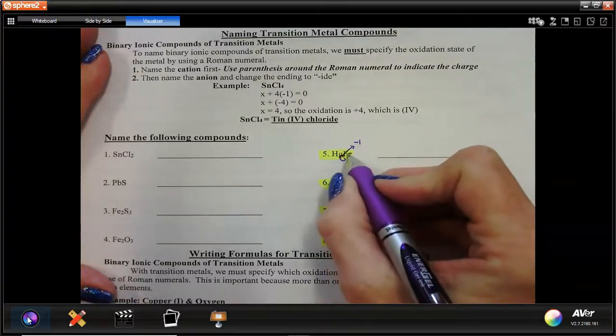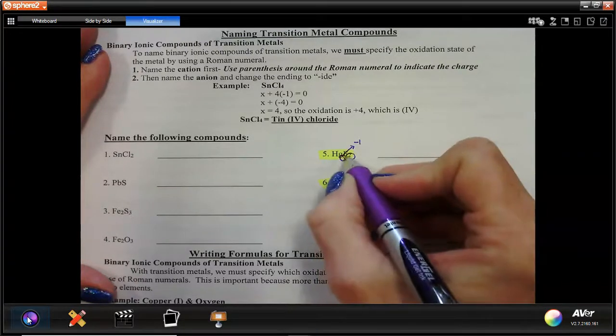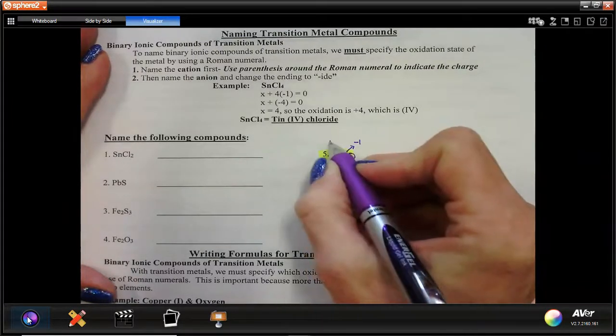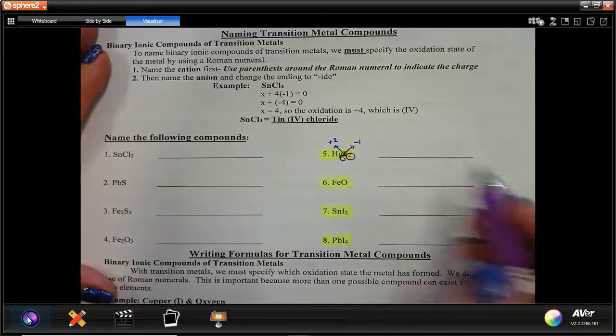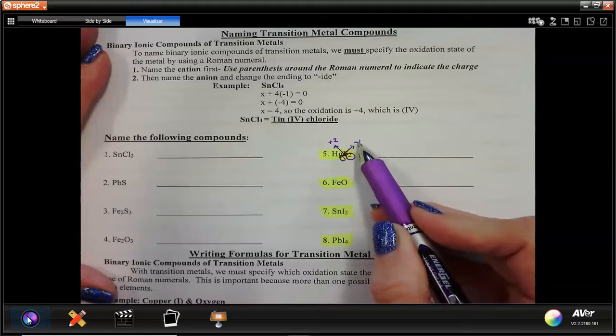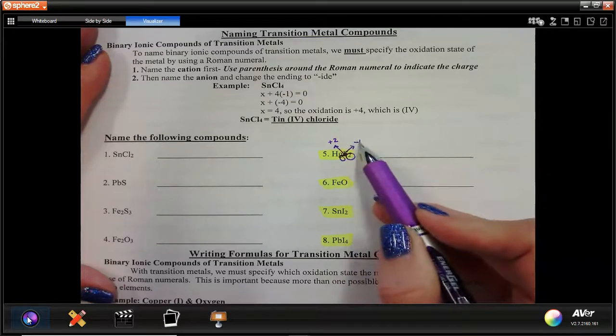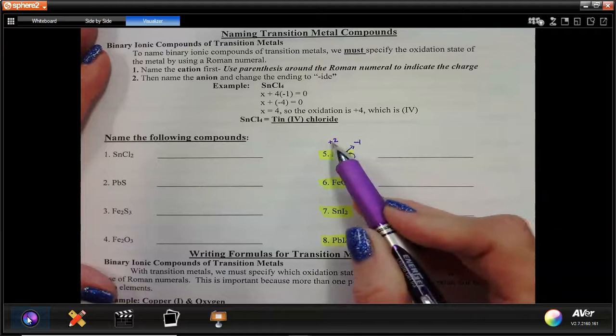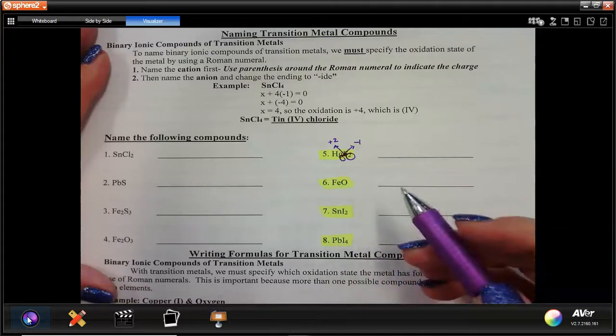You take the 2 that's next to fluorine and put it above mercury. Then you check the oxidation number on that nonmetal. Fluorine always has an oxidation number of -1, and if the nonmetal is correct, that means the metal's correct. So since fluorine's always -1, bingo, mercury's oxidation number is 2.